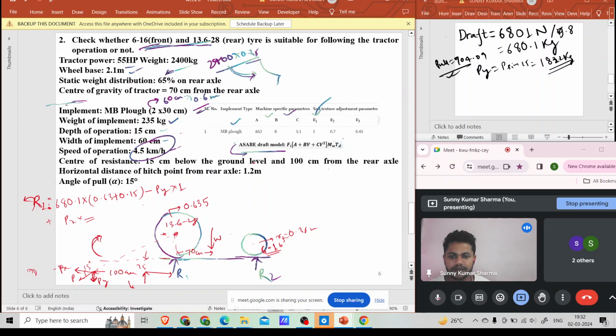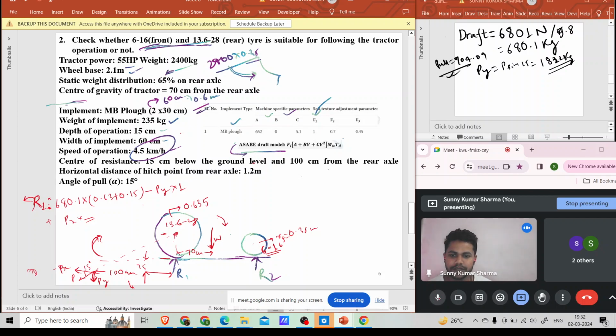So tell me what will be the moment arm of W. Is this W clockwise or counterclockwise for R1? Clockwise, sir. Clockwise we have taken positive.